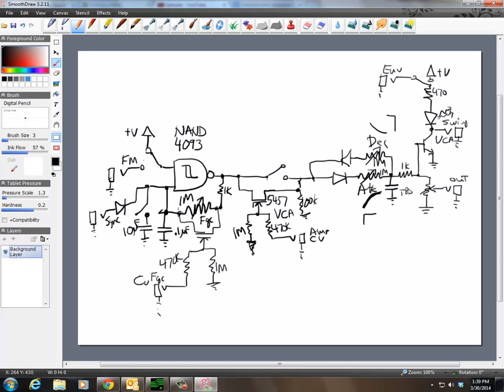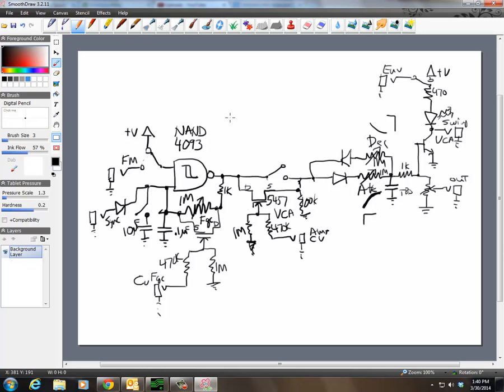In this case this one's going over towards ground, so that is the source, and this one is the drain, like that. Okay, so that should do it.